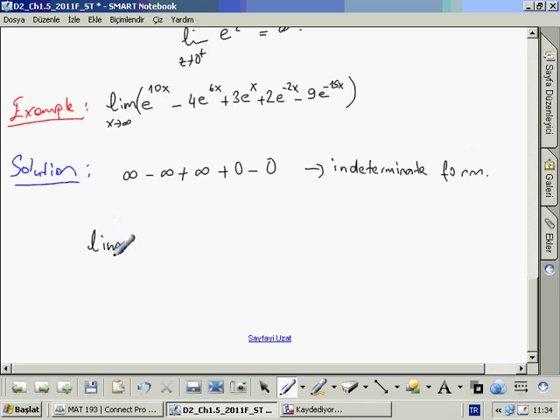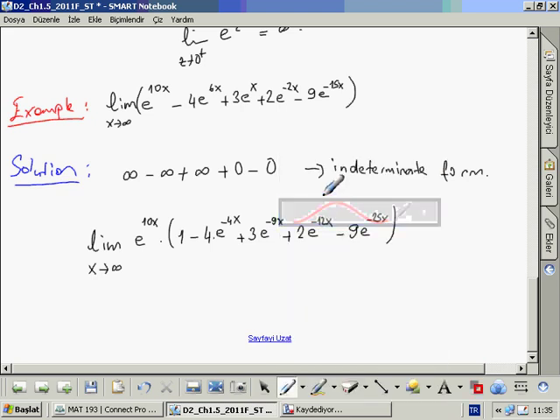So it will be the limit as x goes to infinity of e to the power of 10x times 1 minus 4 times e to the power of minus 4x plus 3 times e to the power of minus 9x plus 2 times e to the power of minus 12x minus 9 times e to the power of minus 25x, and all of this part will go to 0.